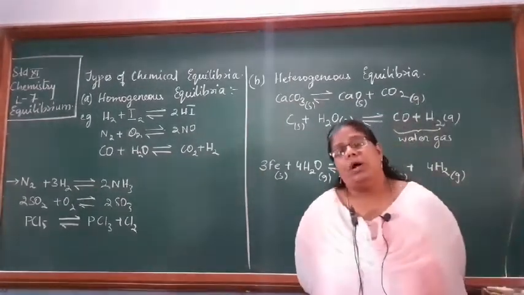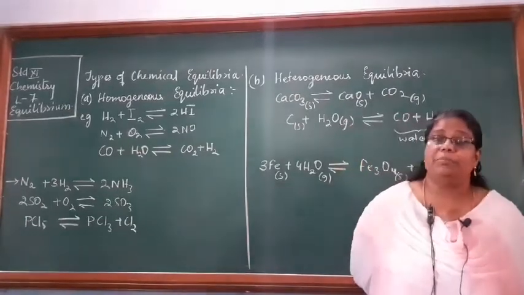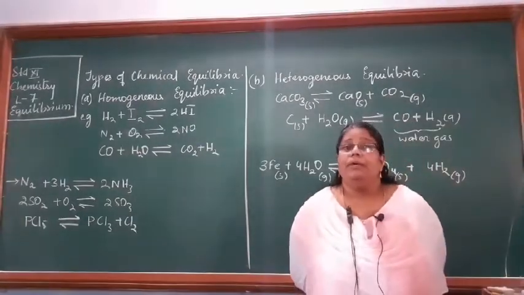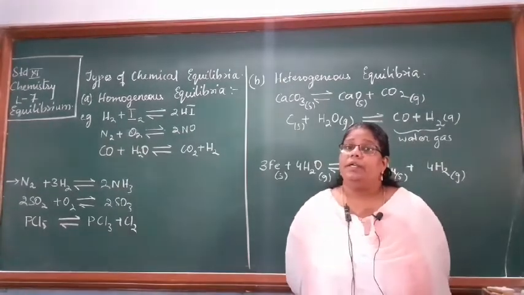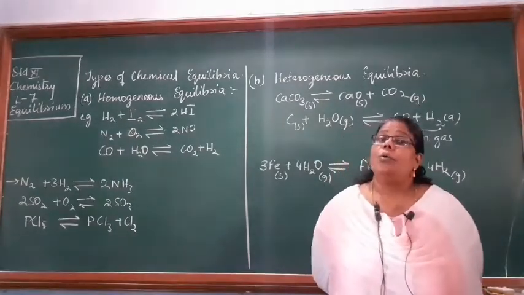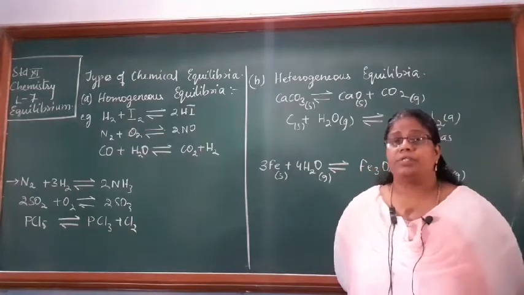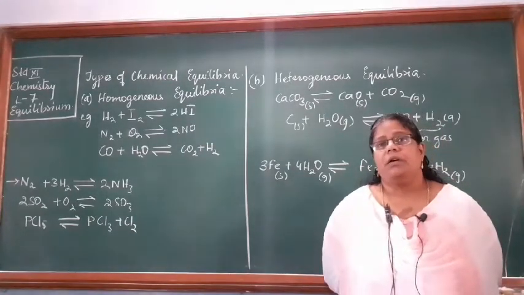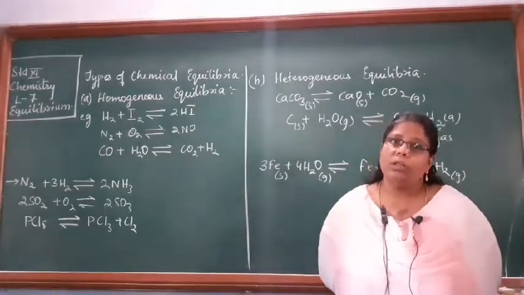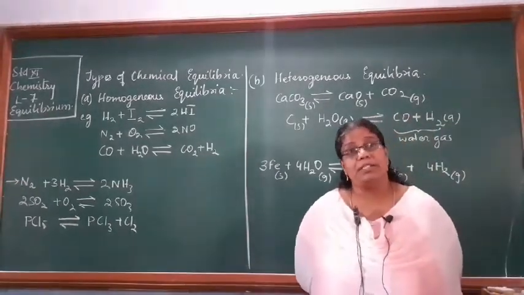Now, what do you understand by homogeneous equilibrium? Homogeneous means the reaction is carried out in such a manner that the reactants and the products are both in the same phase. That is, all the reactants and the products are in the same phase.